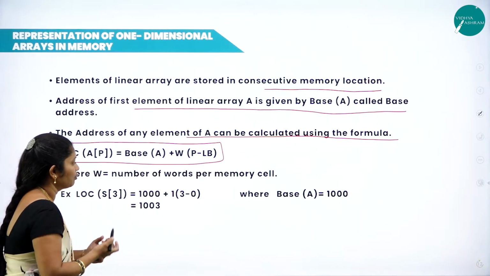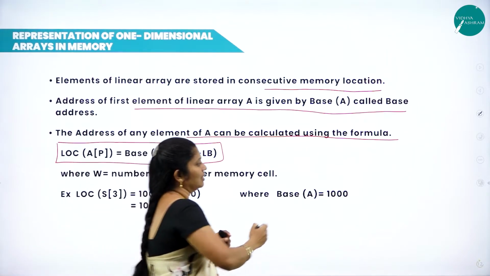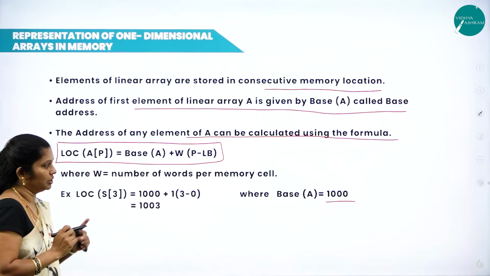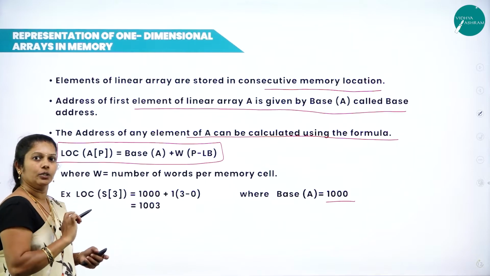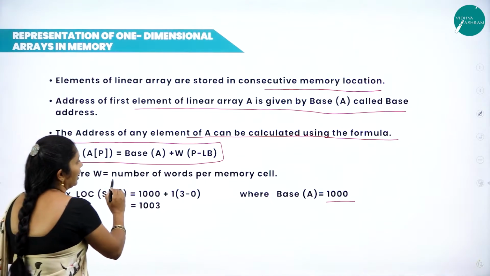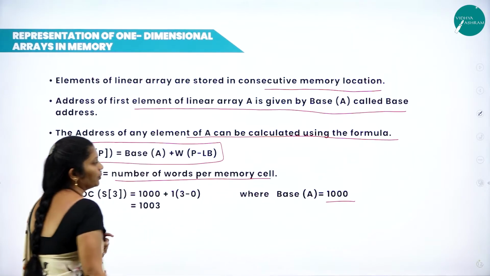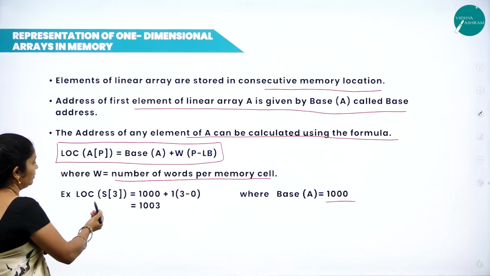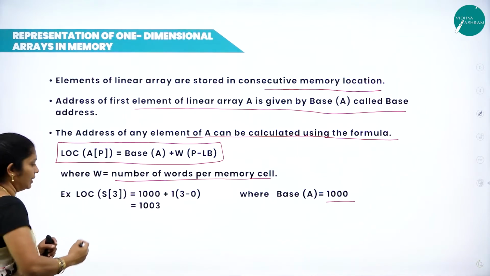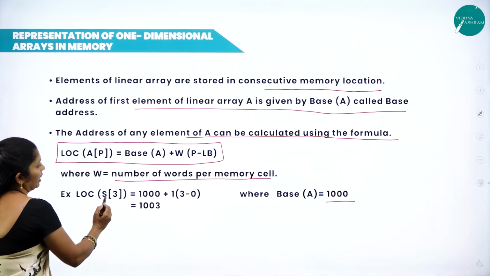For example, in this problem we consider the base address to be 1000. Whichever starting address you want, you can mention that. Here W represents the number of words per memory cell. For example, I want to find the location of the third element, so LOC(S[3]).